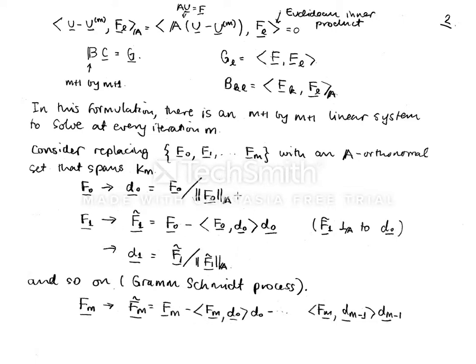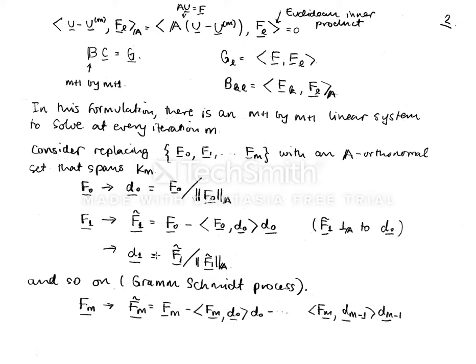So I'm just going to do Gram-Schmidt on this set of vectors. I'm going to take the first one and make it have unit size in the A norm, so I just divide by its size in the A norm. To work this out, I just have to take the inner product of F0 with A times F0. Taking A times F0 is not extra work because that's what F1 is. So you just store that for later on.